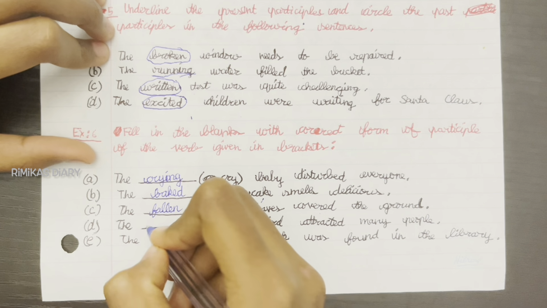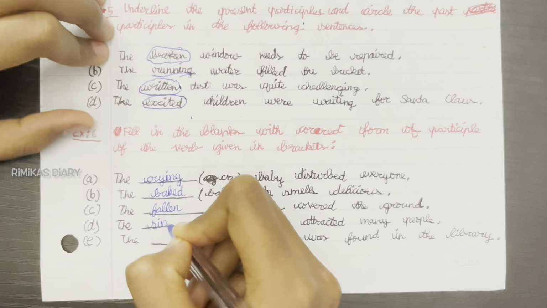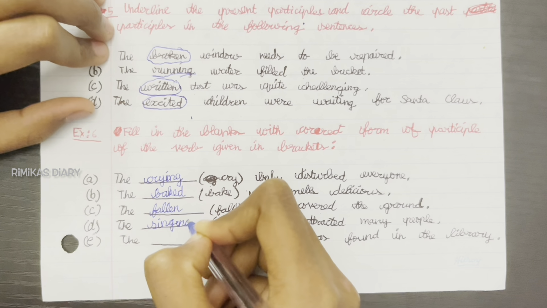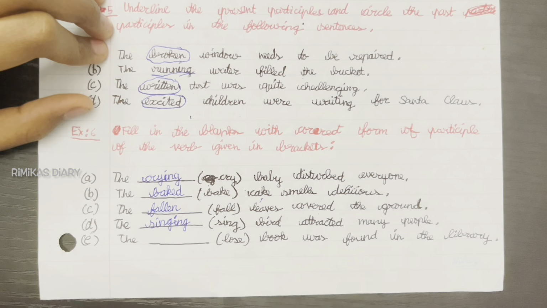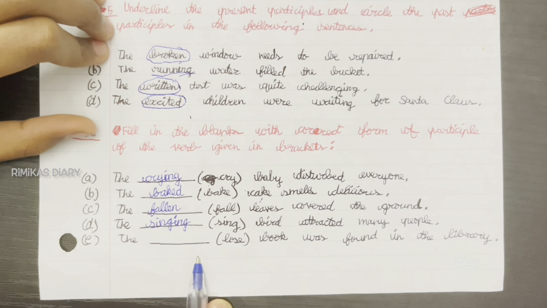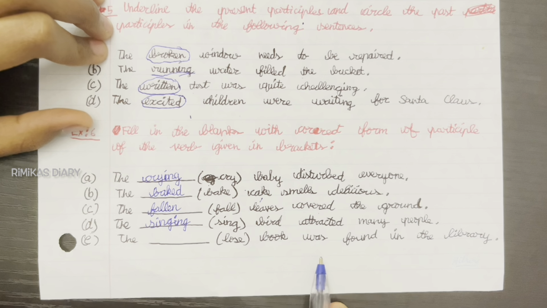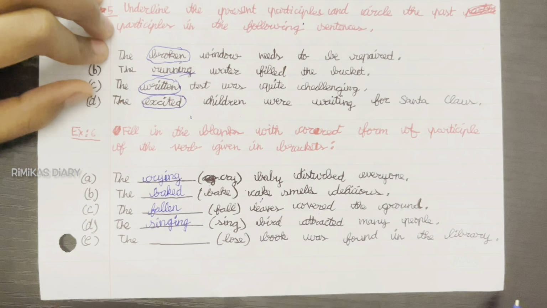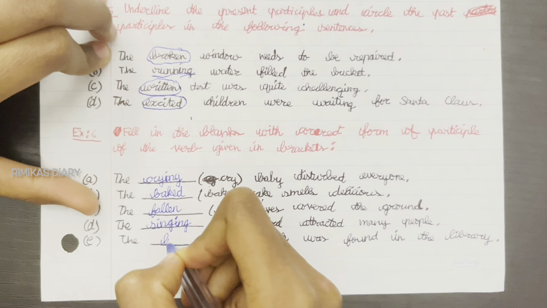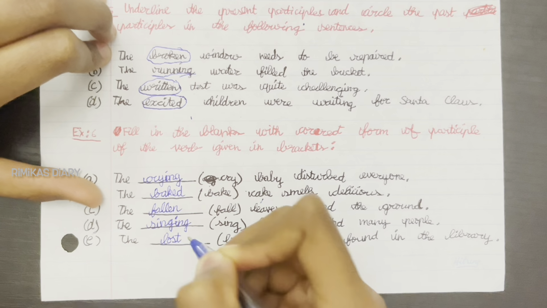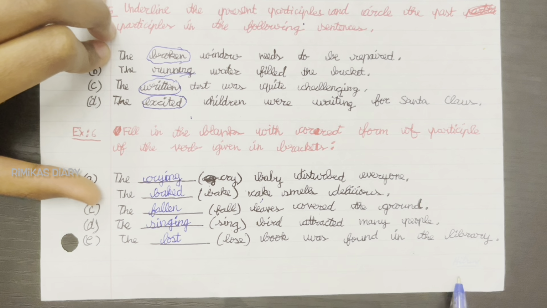Sing. So singing. The singing bird attracted many people. Next, the dash book was found in the library. So lose, lost. The lost book was found in the library.